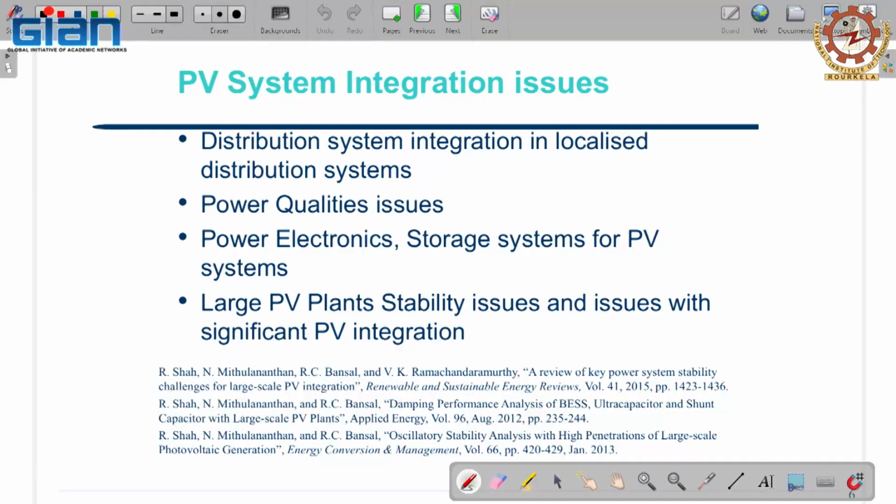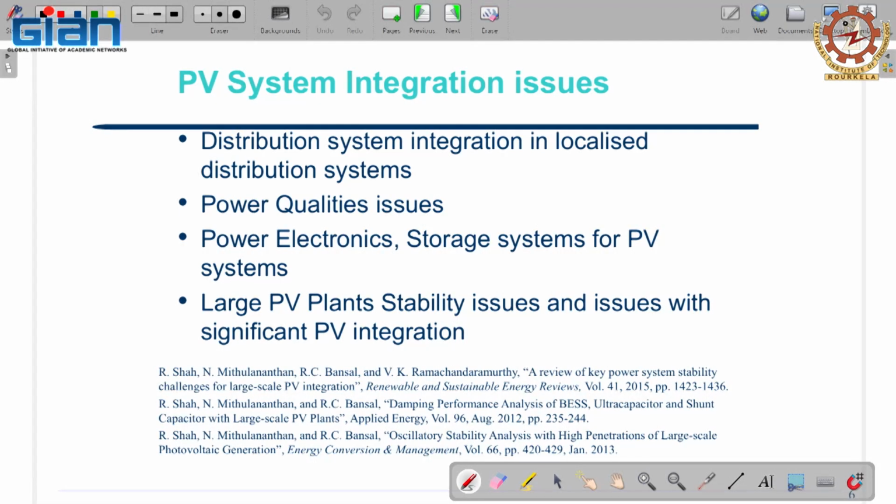If we have a very small size PV system, an individual house, if the house is small, we will just connect them at the voltage 230 volts. Of course, with the application of power conditioners, inverters.